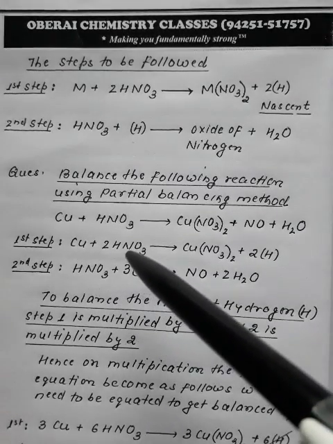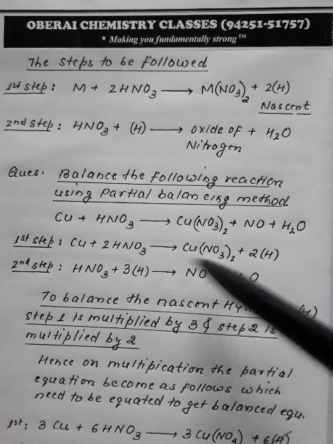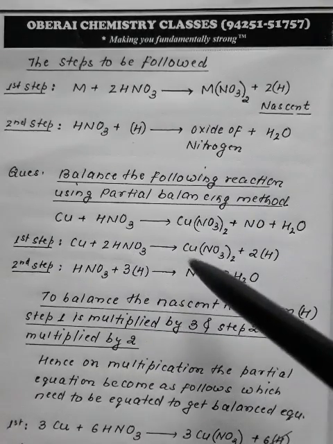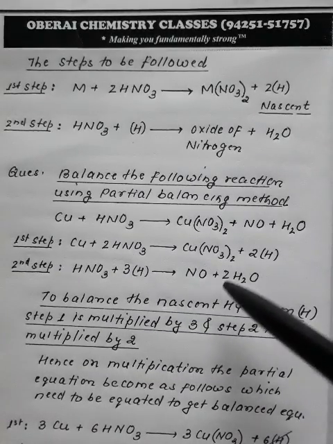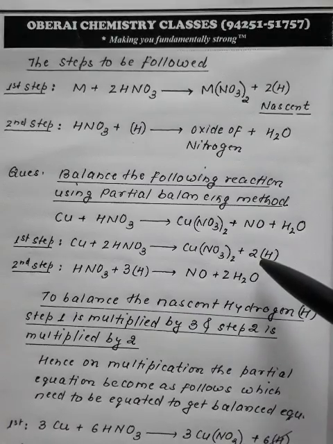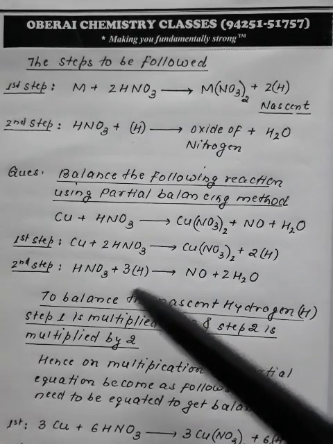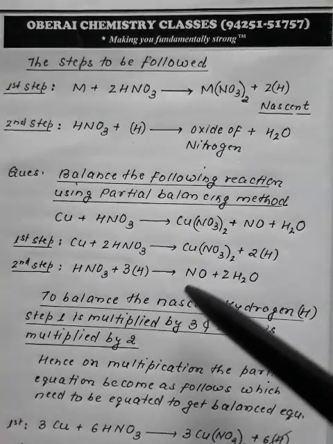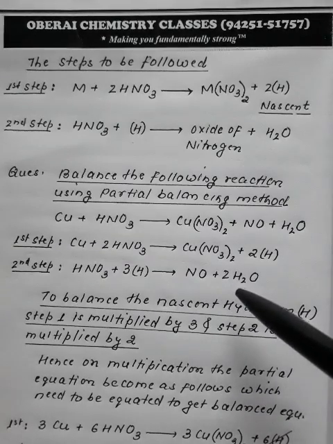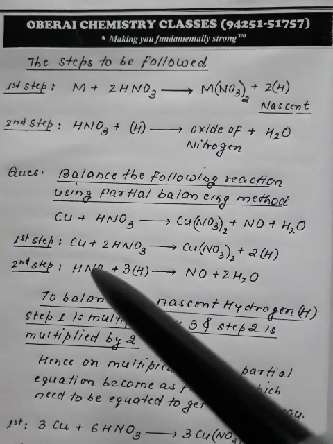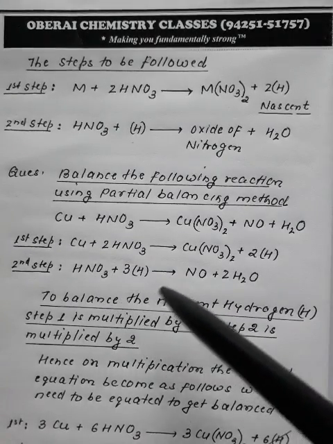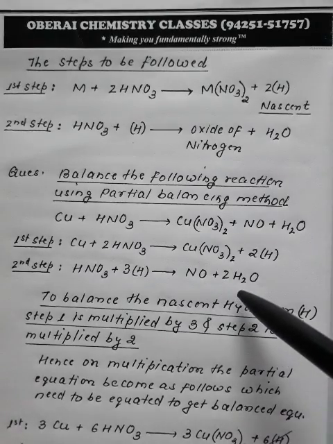Why have we taken 2 HNO3? Because it is Cu(NO3) whole twice plus 2H. In the next step, nitric acid is to be converted into nitric oxide and water.